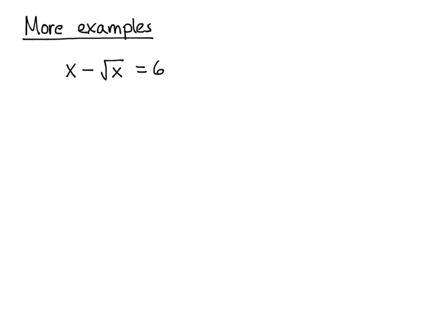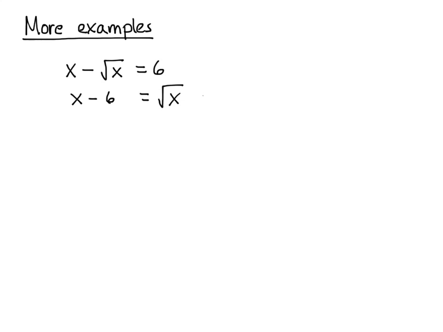Okay, so I want to take you through a few more examples. Now, everything that we've had so far has the variable inside the square root. When you have a variable both inside and outside of the square root, you're going to get some different kinds of things happening. So in this case, we're going to follow the exact same procedure that we had before, where we isolate a radical and then remove the radical.